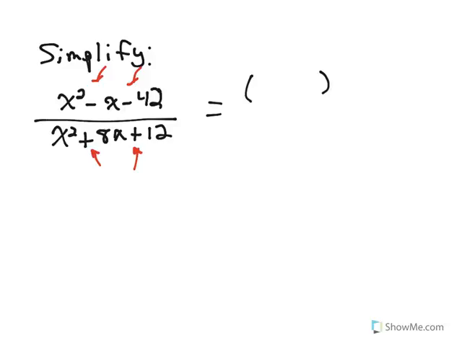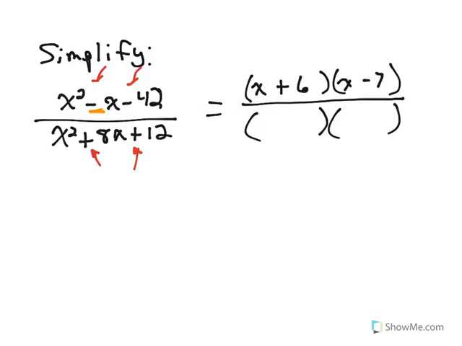So we're going to factor the numerator. Factors of x squared are x and x. Factors of negative 42 that when we add them together give us the negative 1 in the middle are positive 6 and negative 7. Now we factor the denominator. Factors of x squared again are x and x.